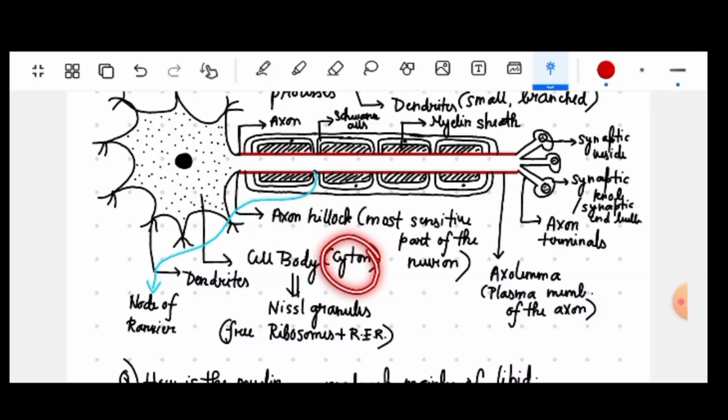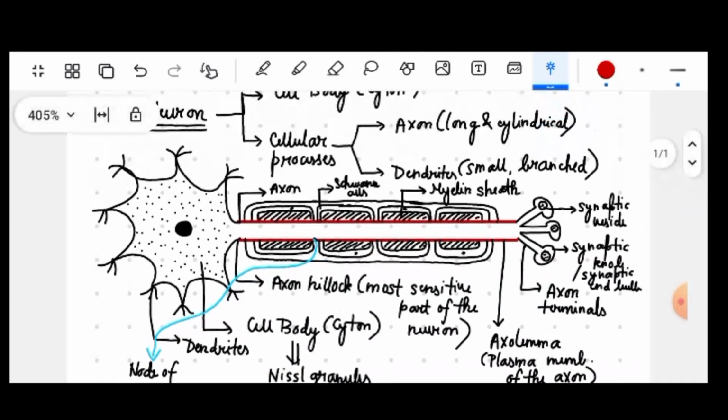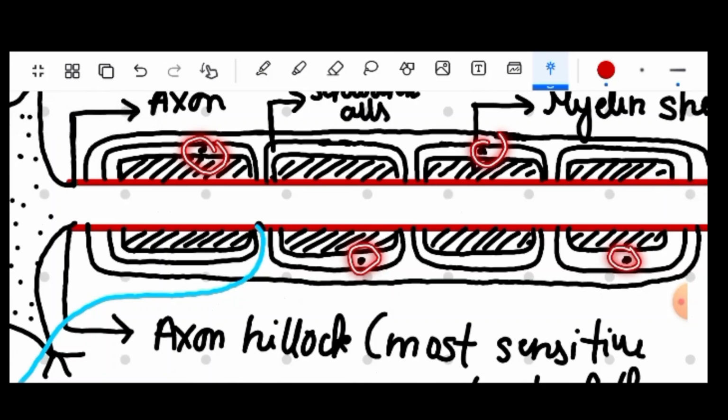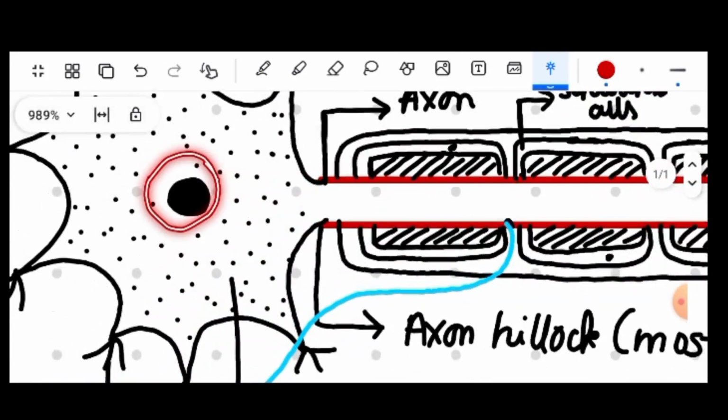The cell body or cyton, composed of Nissl granules, free ribosomes and rough endoplasmic reticulum, dendrites, and then the node of Ranvier, which is these portions, basically the gap where myelin sheath isn't present, and the Schwann cells that produce the myelin sheath, and these are the nuclei of the Schwann cells, and this is the main nucleus of the cell body.